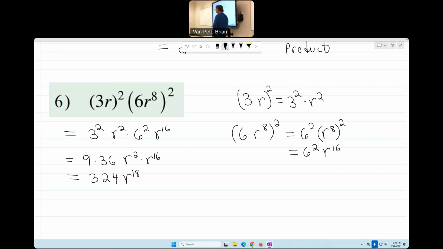I don't think they care if we leave the number as some sort of exponent, either, but this is probably what they're looking for in terms of the final answer.